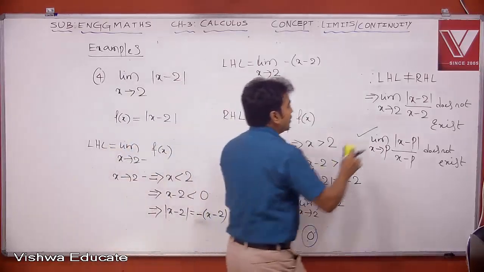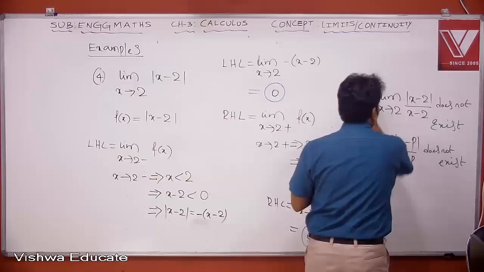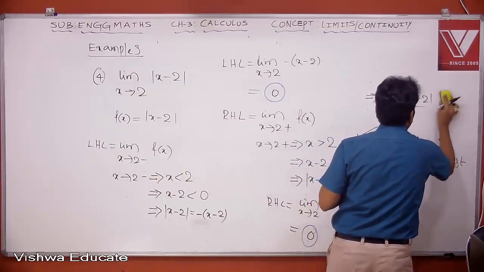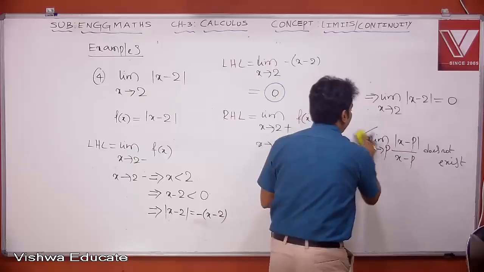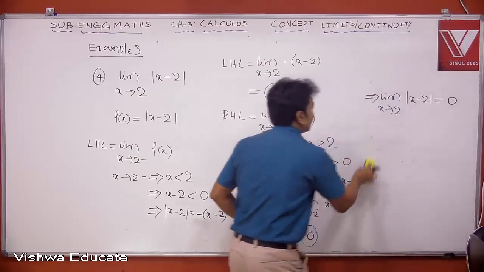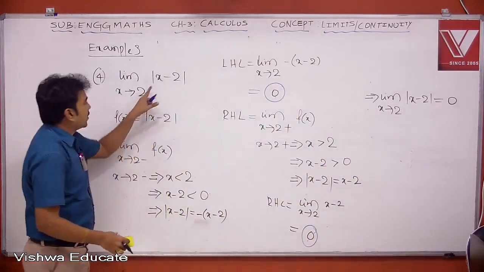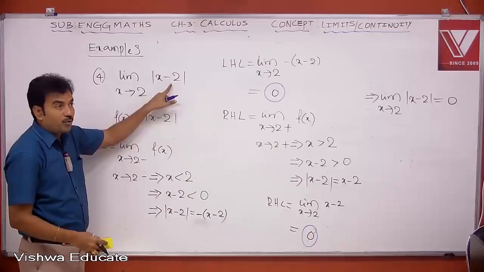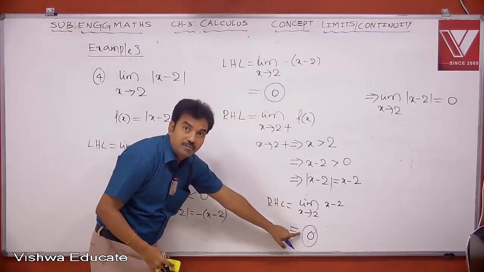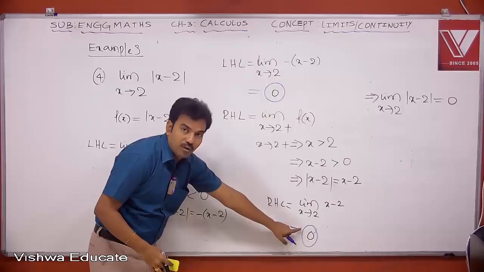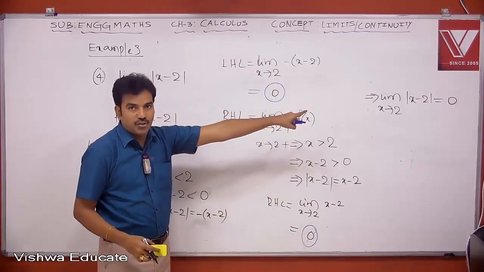Since LHL and RHL are the same, the limit as x tends to 2 of modulus of x minus 2 is 0.